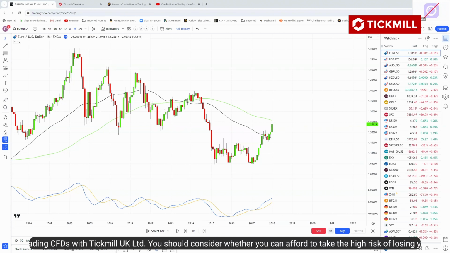So from a sentiment perspective, we were actually at quite an extreme. All the talking heads, Reuters, Bloomberg, all of the analysts and journalists were talking about euro going to what? Parity. And as most of you know, when everyone's talking about the same thing, it usually doesn't happen.